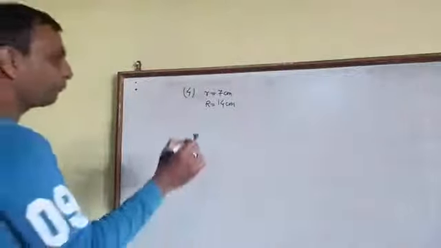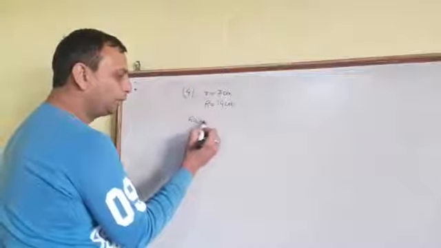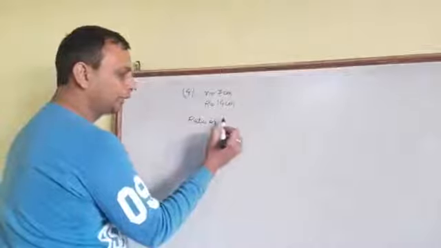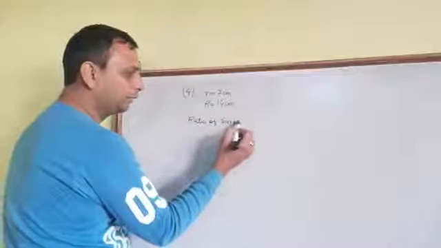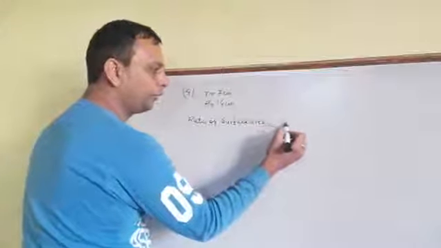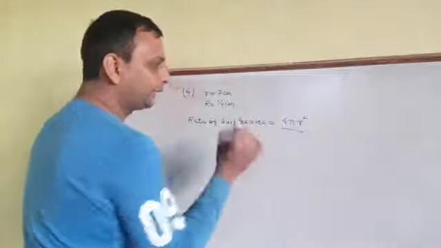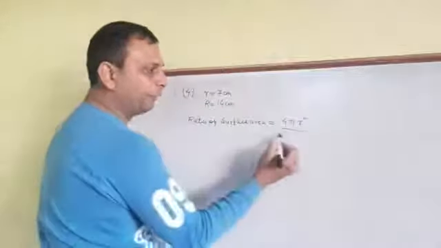Now we have to find the ratio. The ratio of the surface area is equal to 4 pi r square when the radius is 7 centimeter, divided by 4 pi r square when the radius is 14 centimeter.